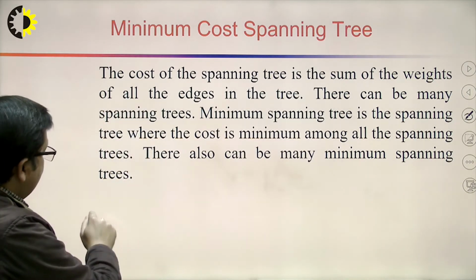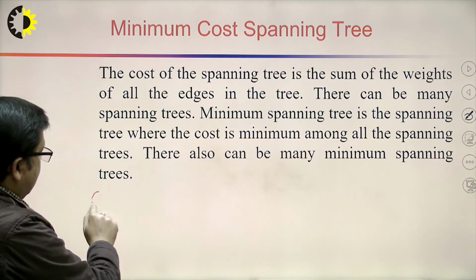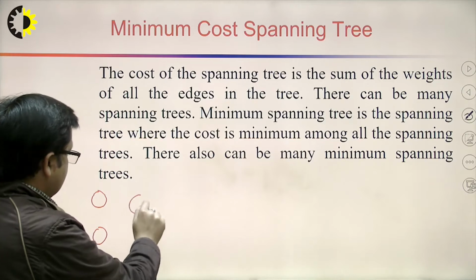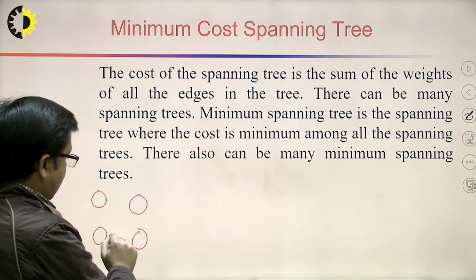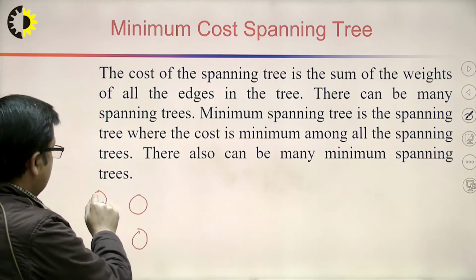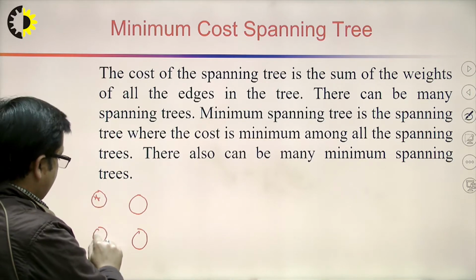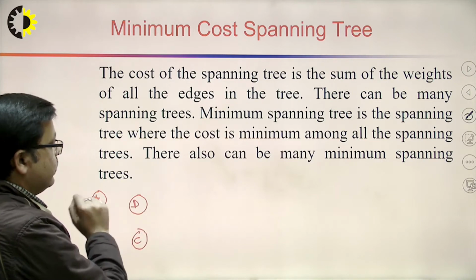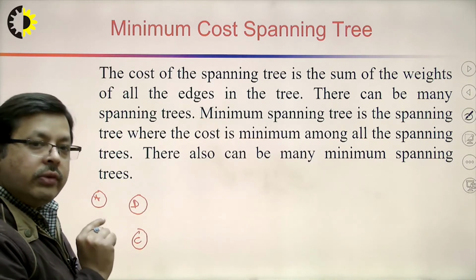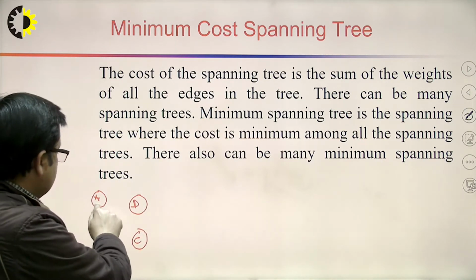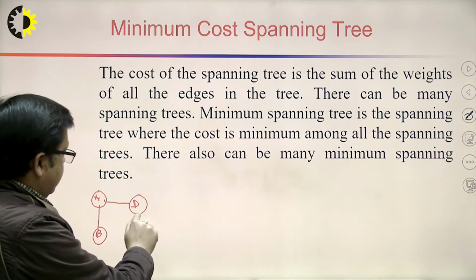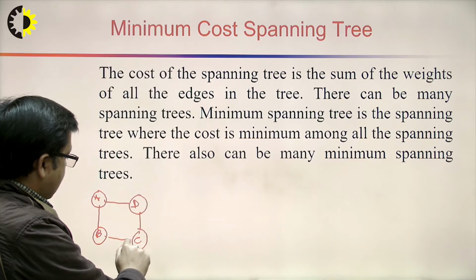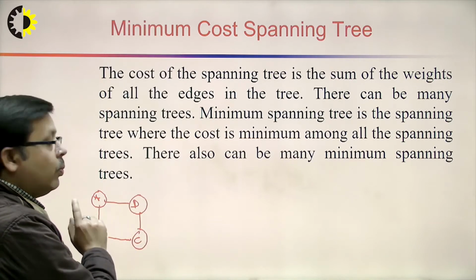Suppose we have a graph of 4 vertices like this. The vertices are named A, B, C and D. All these vertices are connected with each other, and each edge has some weight.